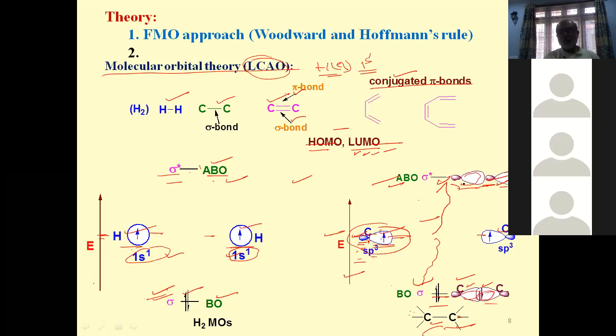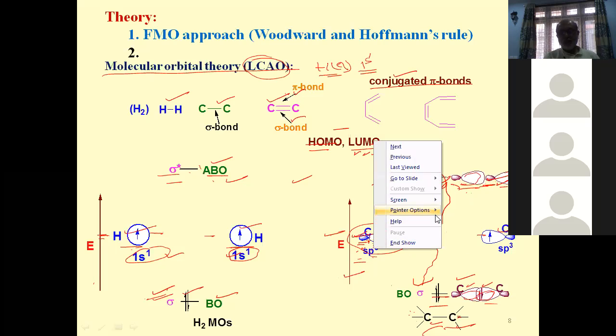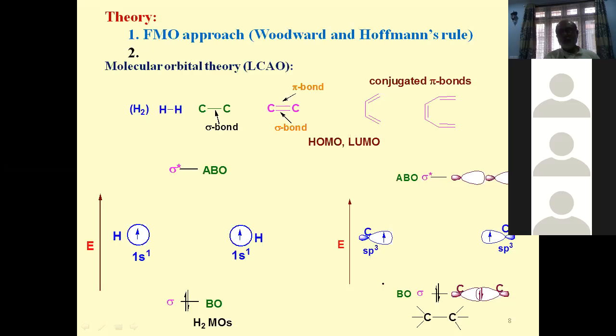So when two dissimilar phases come together, there will not be any bonding. So this becomes what we call a high energy molecular orbital. In other words, we call it anti-bonding orbital because there is no electron under normal condition here. And it is given the symbol sigma star. So that is how we represent this carbon-carbon sigma bond.